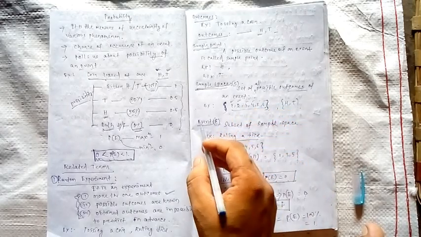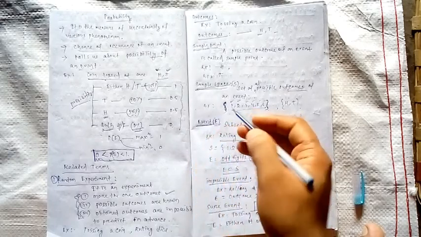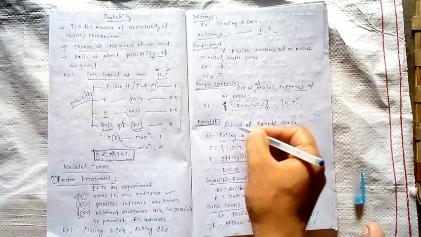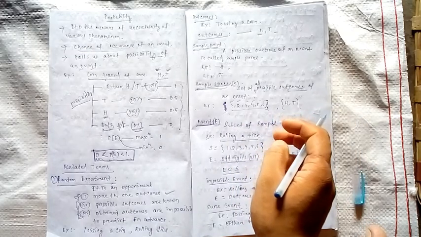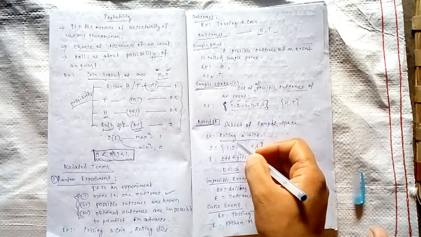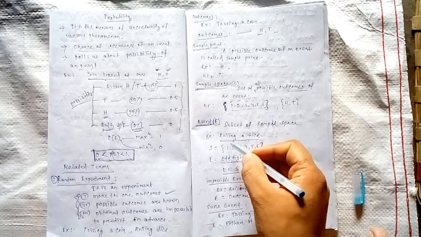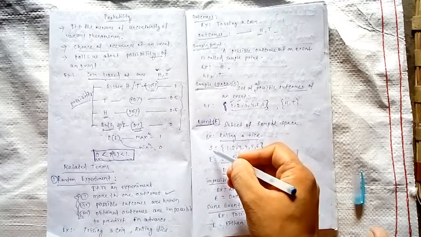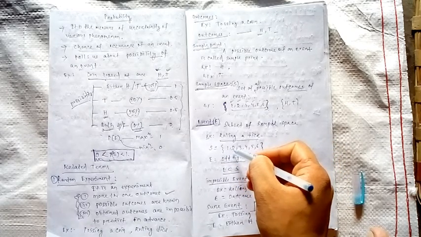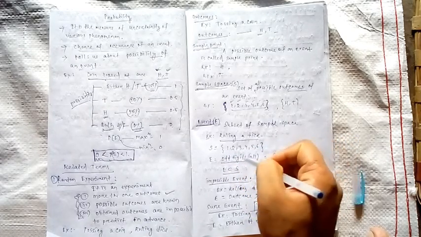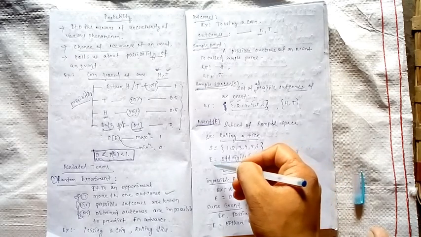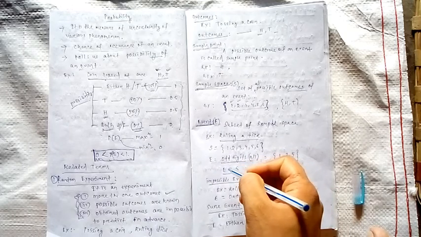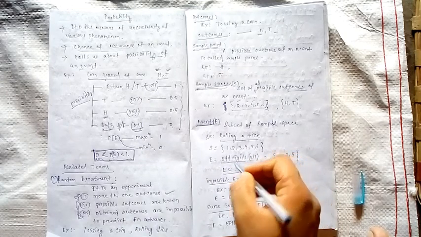Then event, most important is event. What is event? Event is a subset of sample space. For example, rolling a dice. When we roll a dice, then sample space is 1, 2, 3, 4, 5 and 6. Let's say event E is all odd digits.